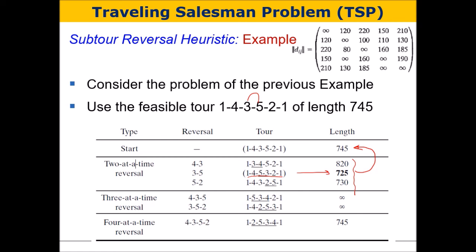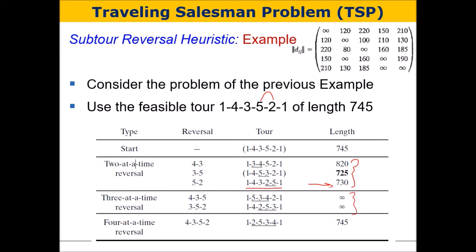Here we calculated, let's say, this one, and then we change the positions of 5 and 2 to obtain this new sequence, and we have this objective function value. Okay, so these are all the possible solutions that we can obtain by changing the positions of two consecutive cities. But then we can change the positions of three consecutive cities.